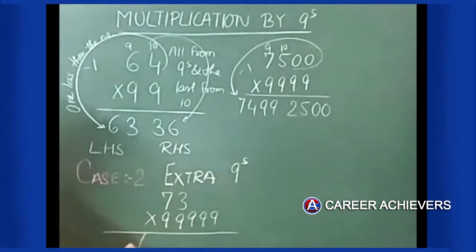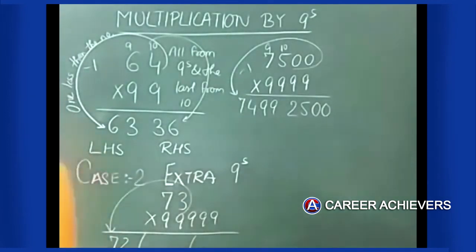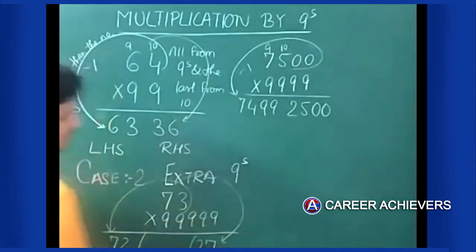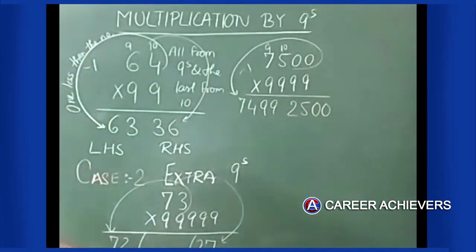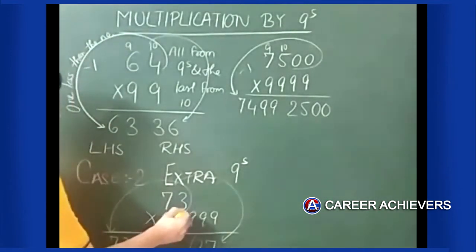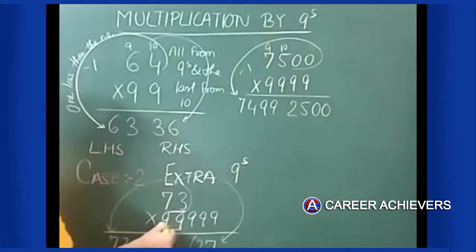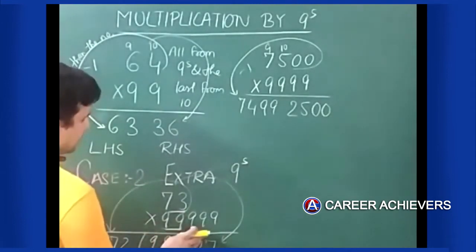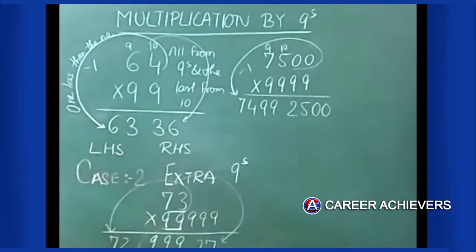We divide our answer in 3 parts. The first part is same as we do in this, that is 73 minus 1, which is 72. The third part is also same, all from 9, last from 10. In the second part, that is here, I will put extra 9s. Now, how many 9s are extra? Here there are 2 digits. So leaving behind 2 9s, I find 3 9s are extra. So I will put 3 9s over here, and my answer is 72,99927.